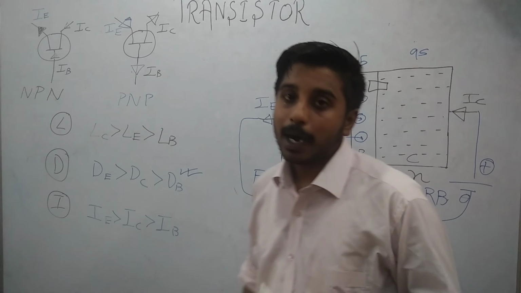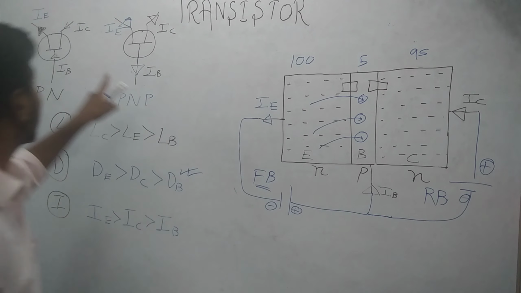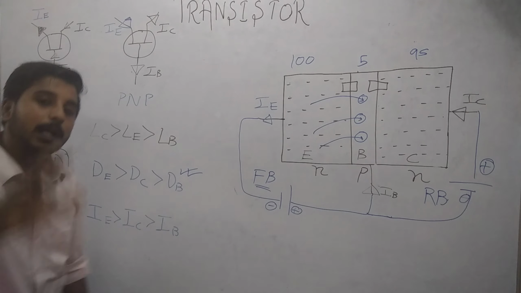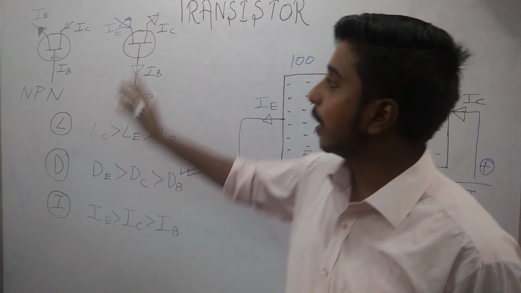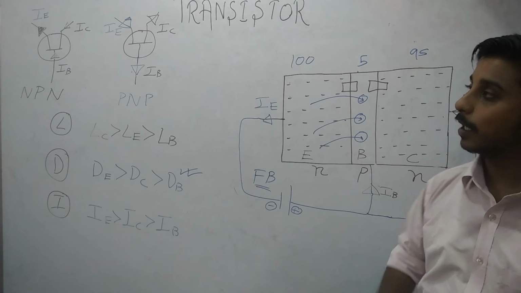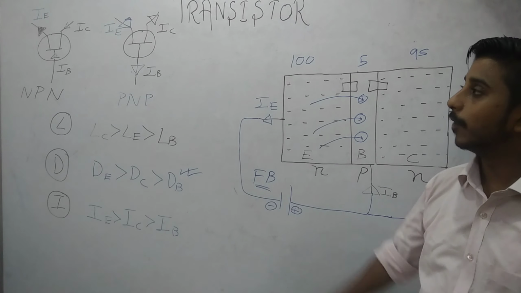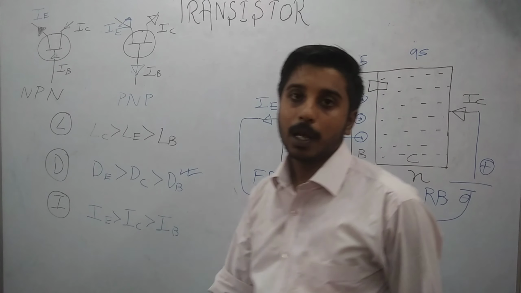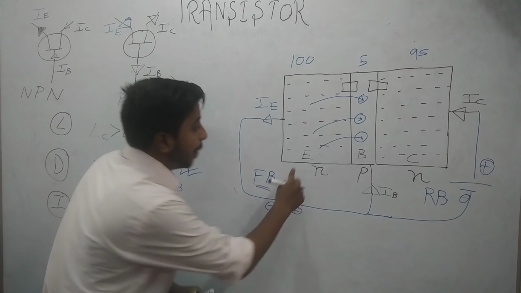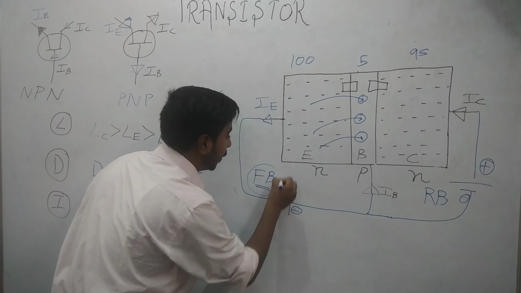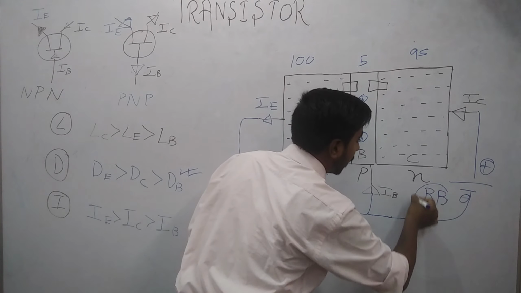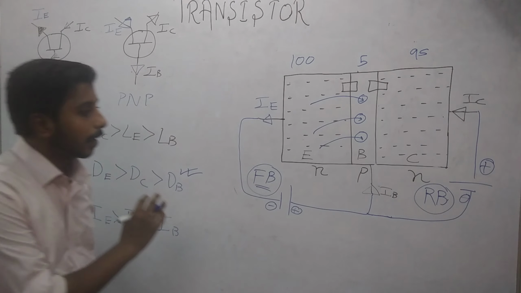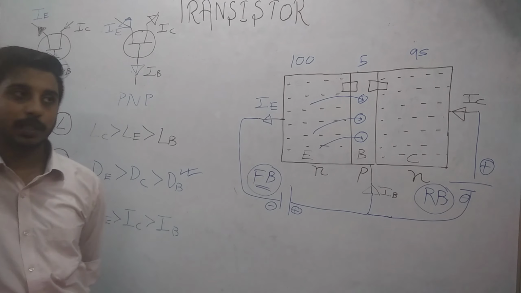Then I have told you about the symbols. Current is going outward. Okay, this arrow will be drawn and given to you. So it is emitter current and the rest all will be going inward. And here the emitter is inward, the rest all will be going outward. Okay, and emitter and base are connected in forward bias condition, while the base and collector are connected in reverse bias condition.